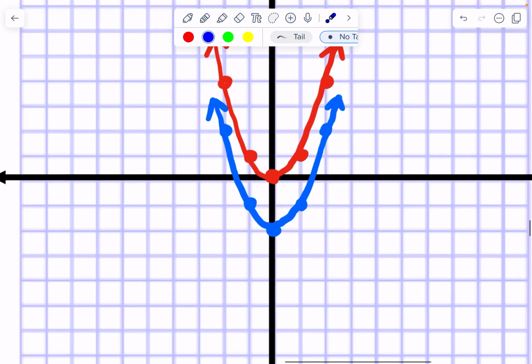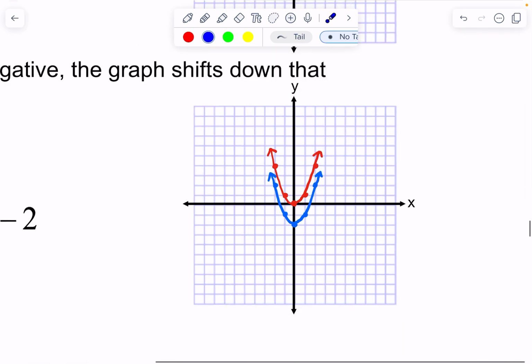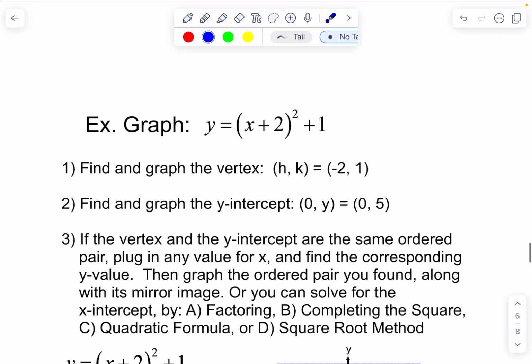Using our pointer, I literally took this point and went down 1, 2, and each of the other points went down 1, 2. And that's my k. All right.